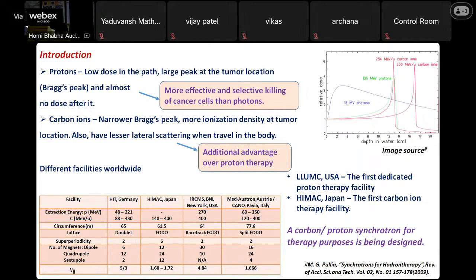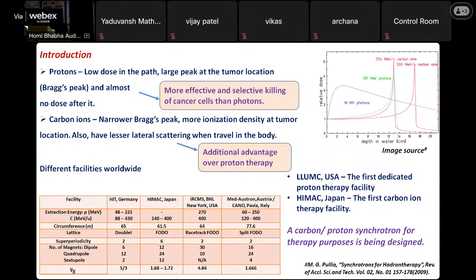In carbon therapy, carbons have an even narrower Bragg peak, so they give more ionization density at the tumor location. Also, being a heavy particle, while traveling in the body it has lesser lateral scattering, so it gives additional advantage over photon therapy.